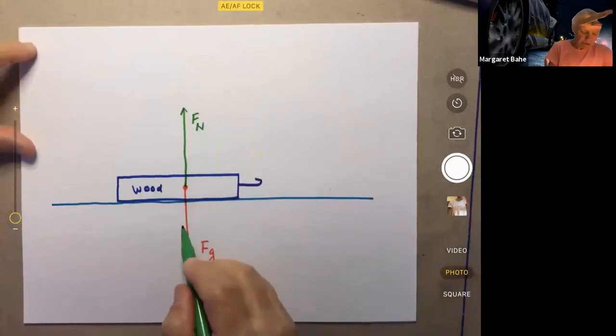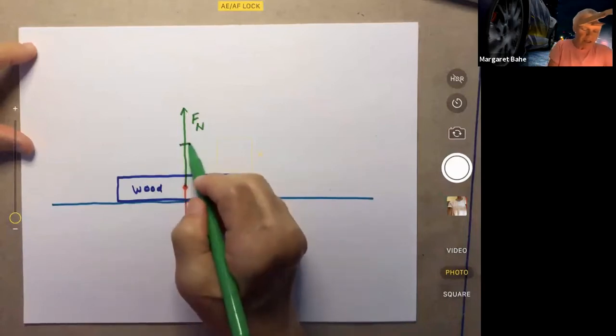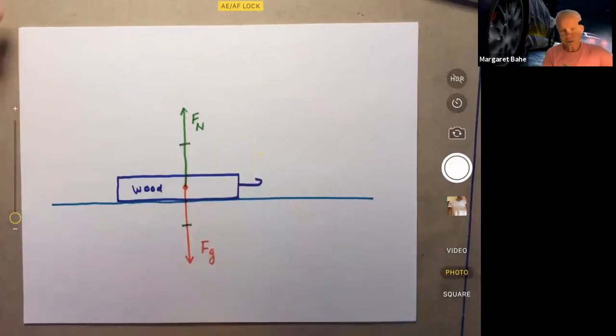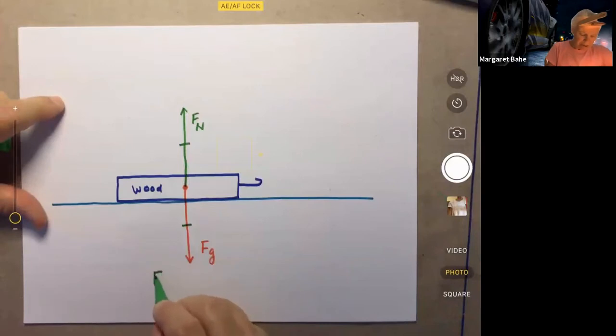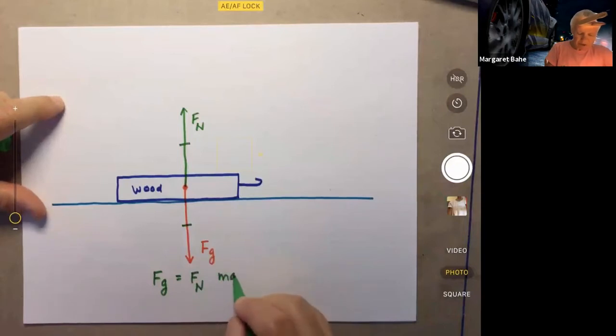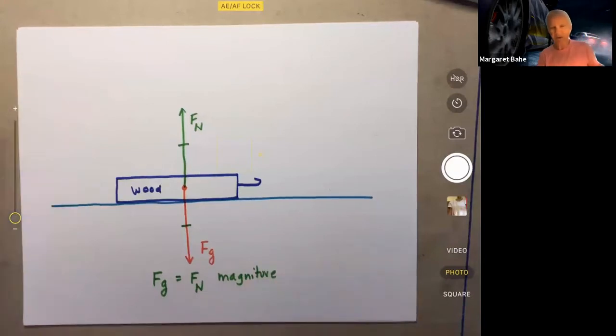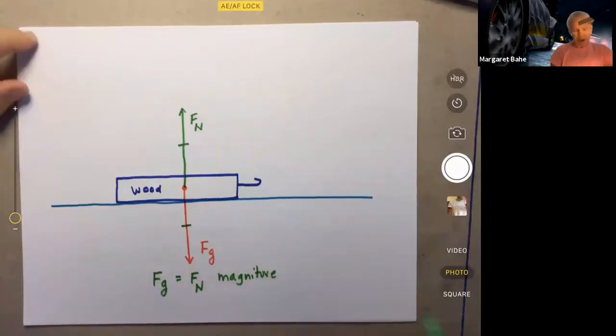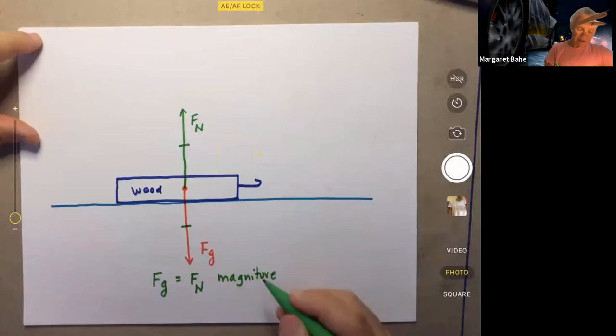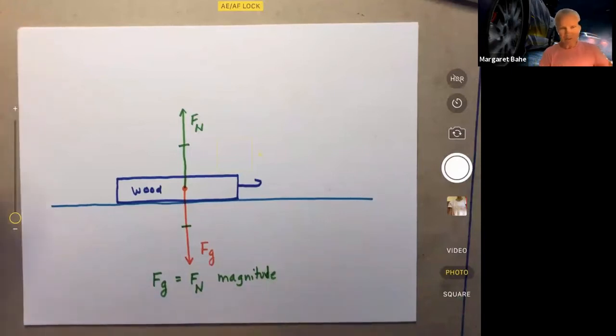And those two forces, the force of gravity and the normal force, are going to be equal in magnitude. They have different directions. The force of gravity is pulling down and the normal force is pushing up, but their size should be the same.